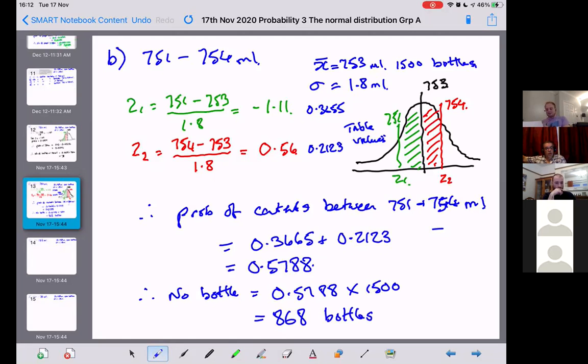Okay. Anyone got any issues understanding how that was worked? The green area gives the number of bottles between 751 and 753, and the red area gives the number of bottles between 753 and 754. So to get between the two outsides, you add them both together.